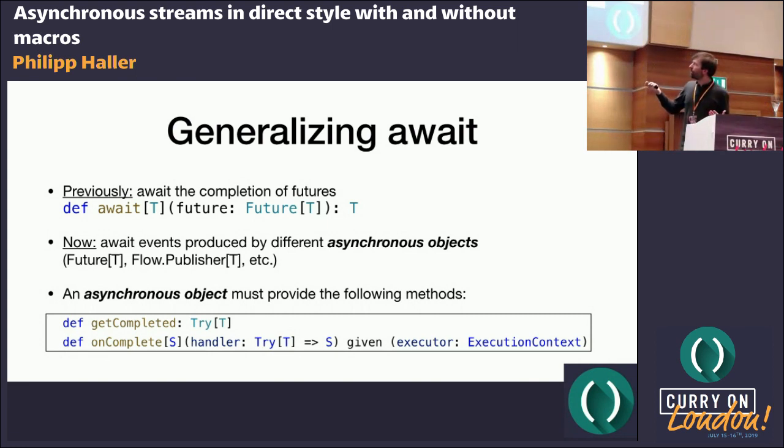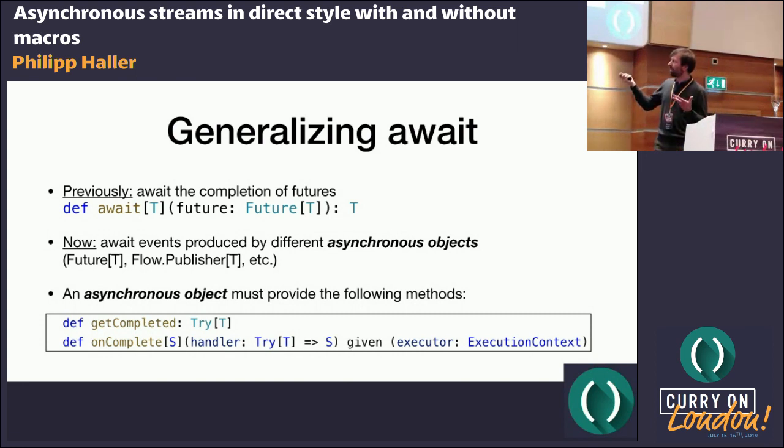And so the first method here is called getCompleted, which checks if the asynchronous object has been completed with the next event. Completed is maybe not the best name actually in retrospect, but we can rename this, right? But basically saying, is there a next event ready to be consumed?